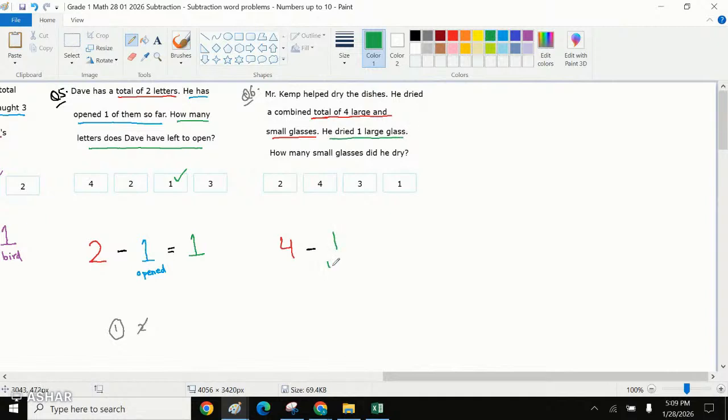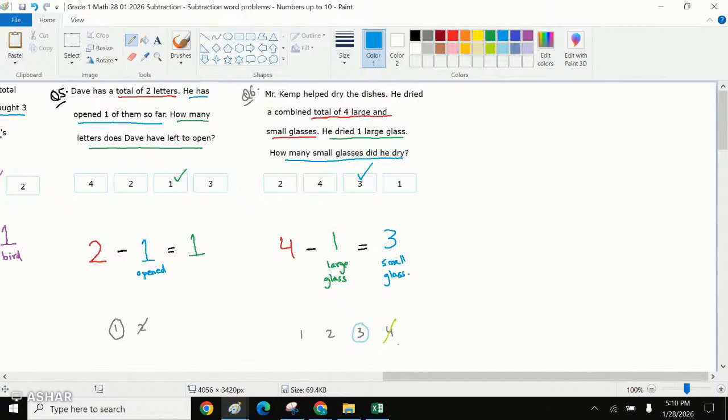Then how many small glasses did he dry? We need to find the number of small glasses, right? So the total was 4, so we can say 1, 2, 3, and 4. Out of this 4, there was 1 large glass. Then there should be these many smaller glasses. That means 3 small glasses, right?